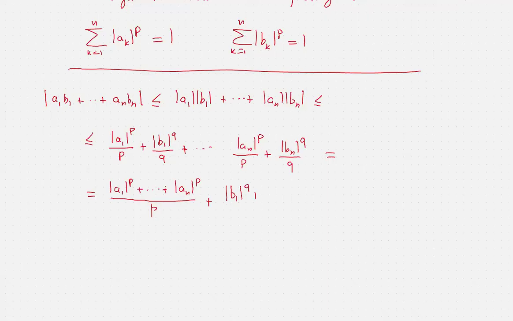And we said that each of these sums is 1. So this gives us 1 over p plus 1 over q, which is equal to 1, which, by the way, is precisely equal to the product that we wanted to consider.